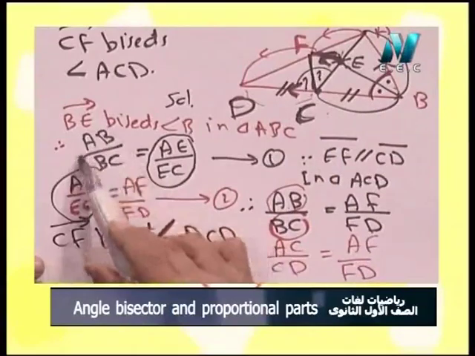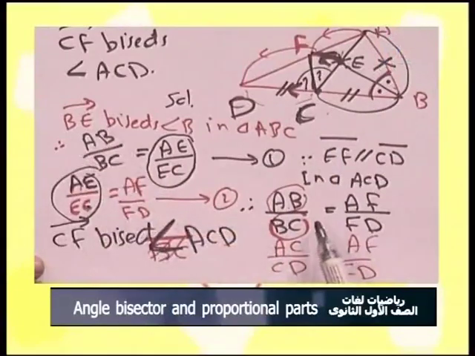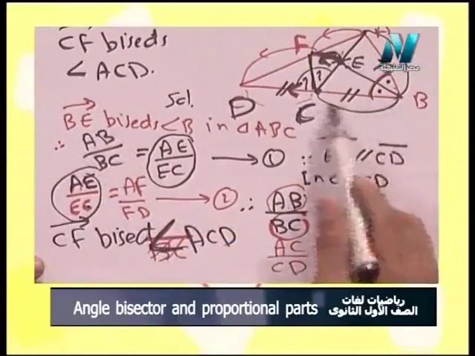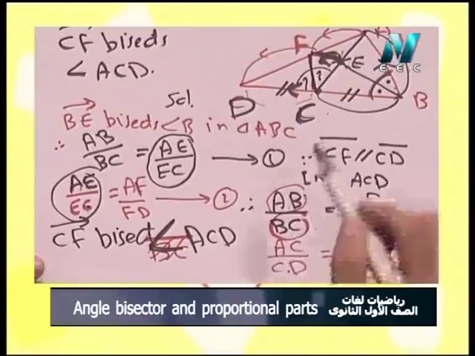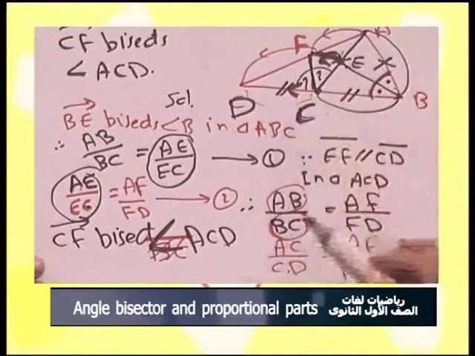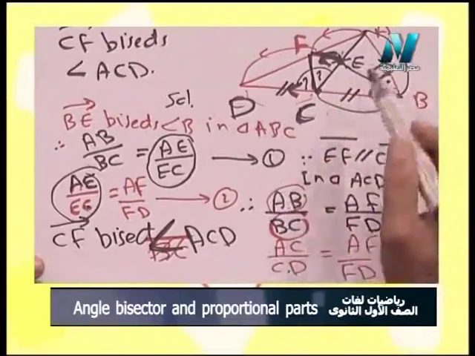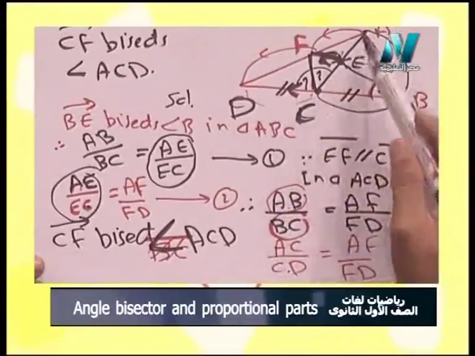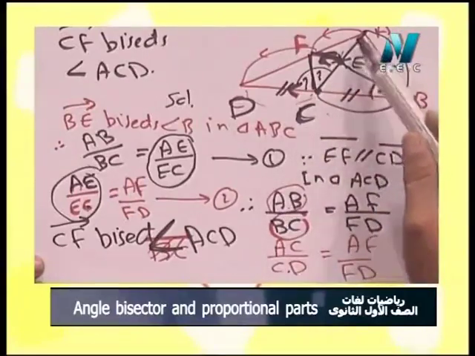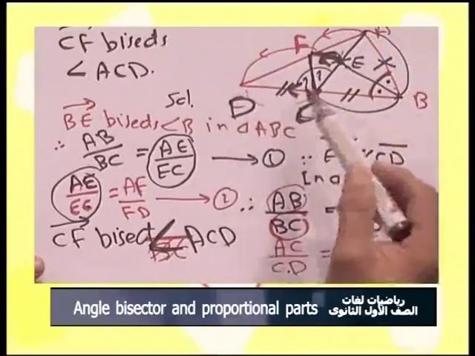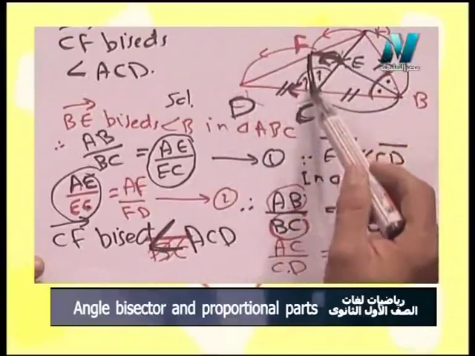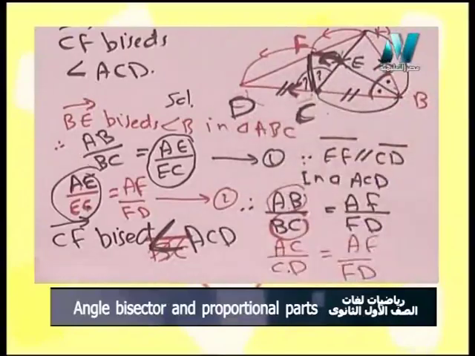Then this ratio equals this ratio here, and because BC equals CD, we put CD instead of BC, and because AB equals AC, instead of AB we put AC. So we deduce that AC over CD equals AF over FD, and it is the ratio that proves that CF is the bisector of the angle ACD.